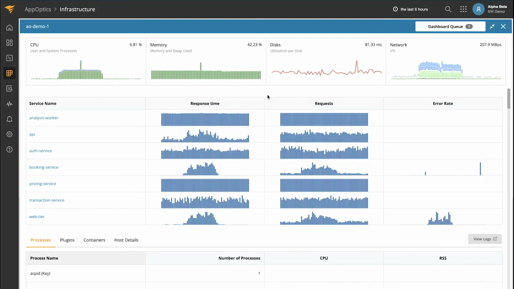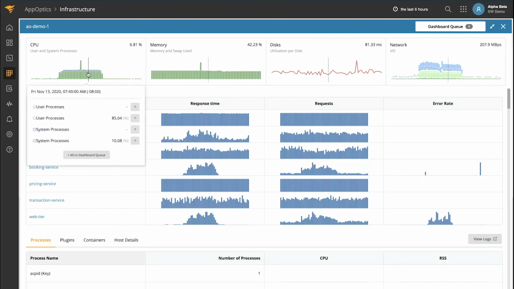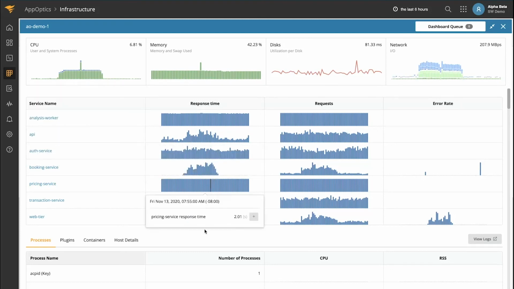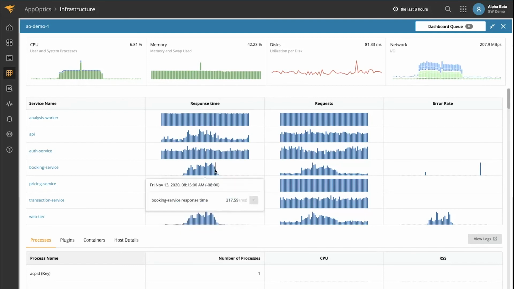You might be running something like Kubernetes where there's a one-to-one relationship. But in this case, when the CPU is spiked, we can see its effect on different applications. We can see our web tier spiked up. We can see we're also running the booking service on here. The booking service latency went up to 500 milliseconds.